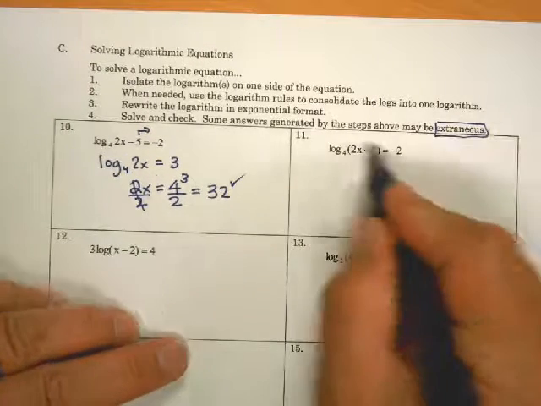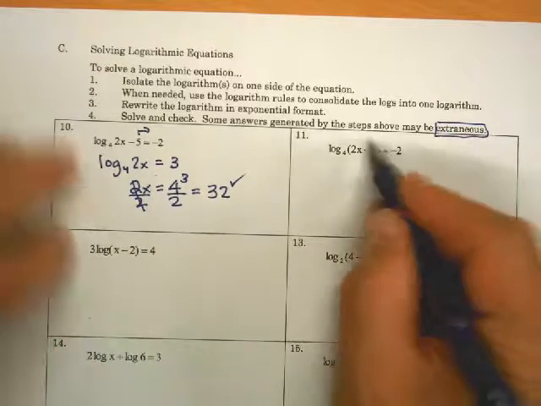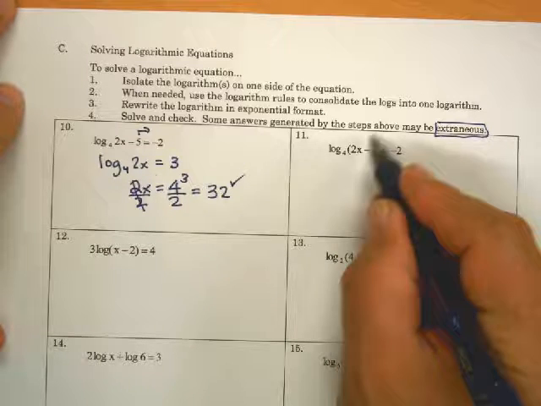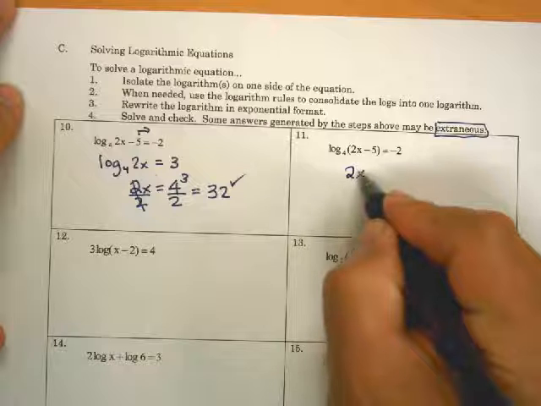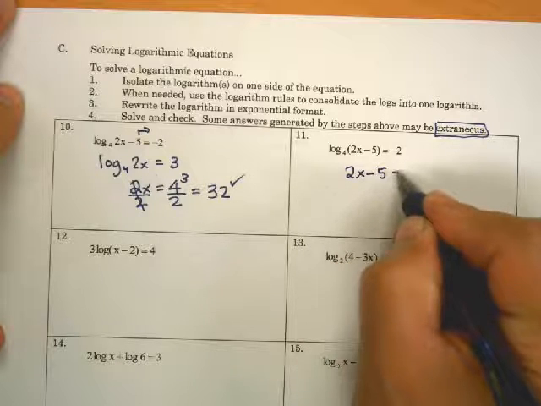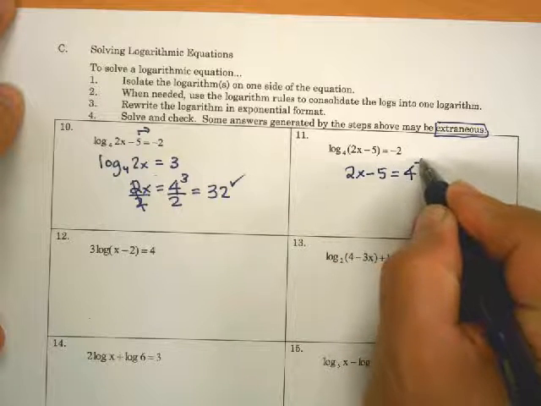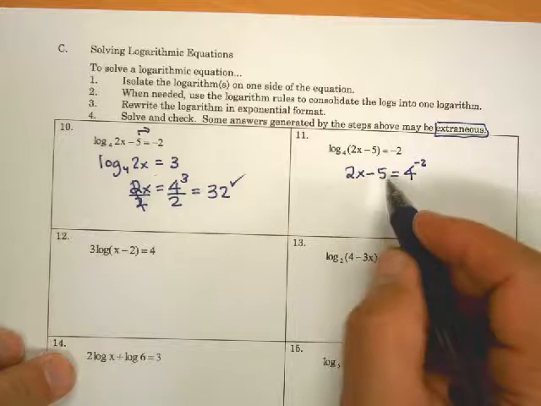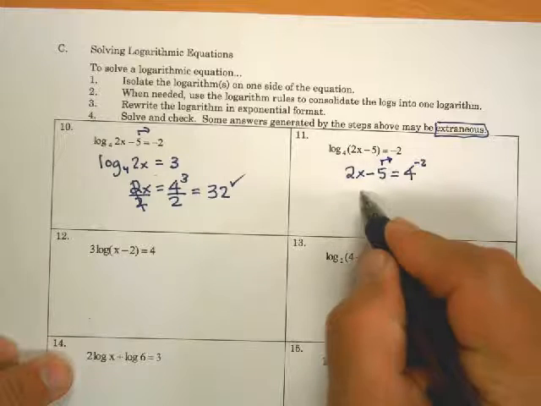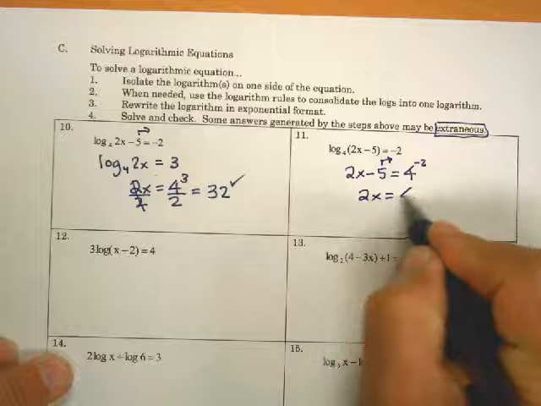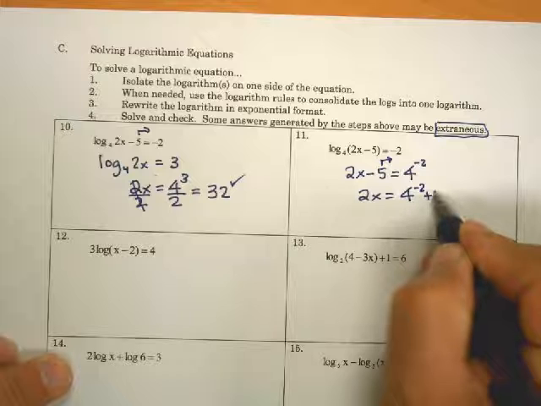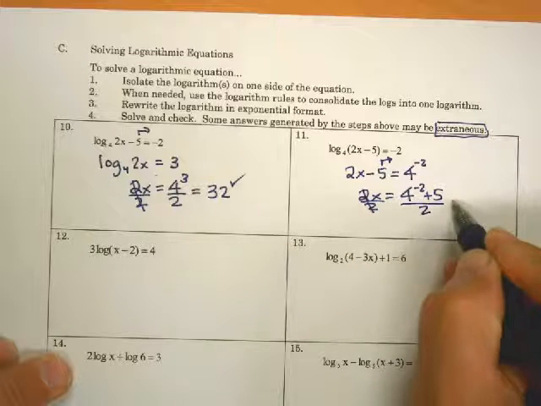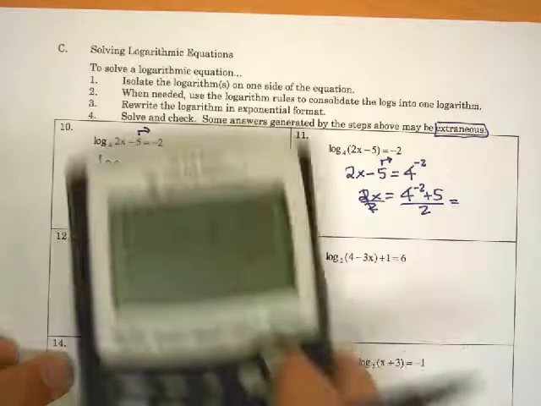Okay, this next one has the logarithm already isolated, so I'm ready to go around the world. 4 to the negative second power equals 2x plus 5, or 2x minus 5. Now I could make that 1 over 4 squared, which would be 1 over 16, but I'm just going to leave it like that for now. And we'll divide by 2 here. And we'll let our calculator do all of that heavy lifting here.